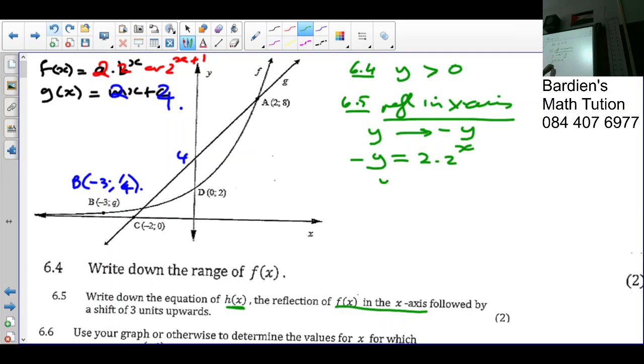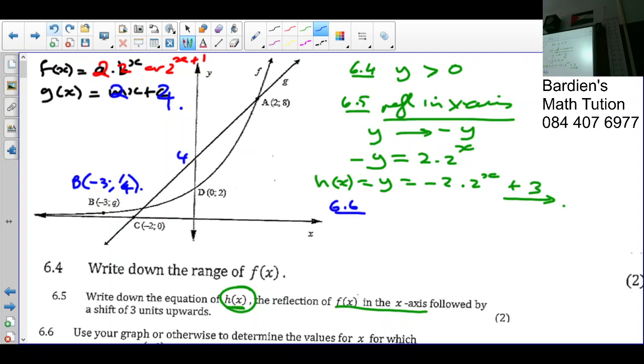So I divide that by negative, so y is equal to negative 2 times 2 to the x. And this is now the equation of h of x. You guys understand? Followed by shifting 3 units up, sorry. So it must be plus. Okay, don't want to be in trouble, so I'm trying to get done here now.